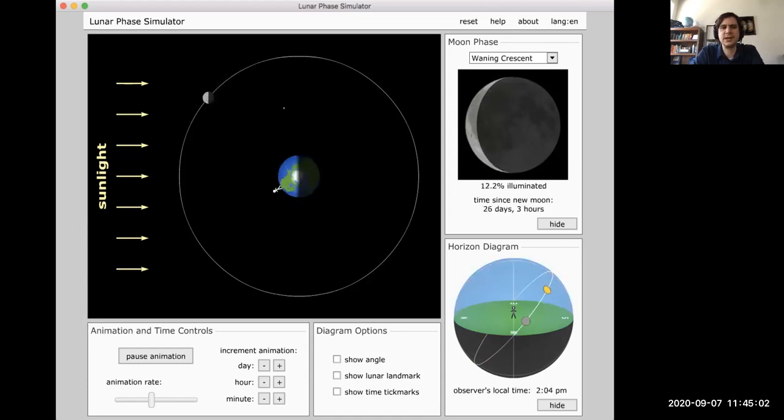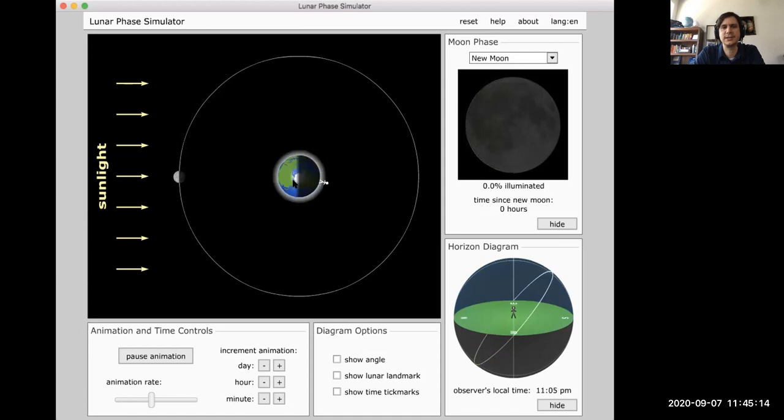Now notice that this entire full cycle takes 29.5 days, although the orbit itself is only 27.3 days. What the simulation isn't accounting for is that the Earth is orbiting the sun at the same time.